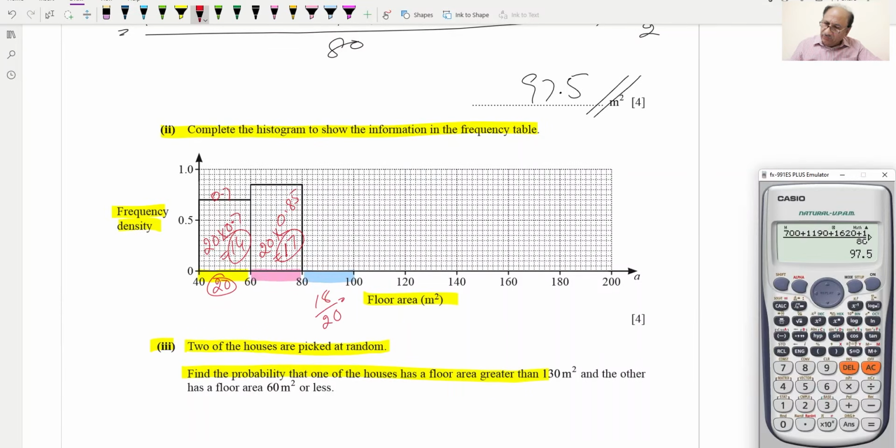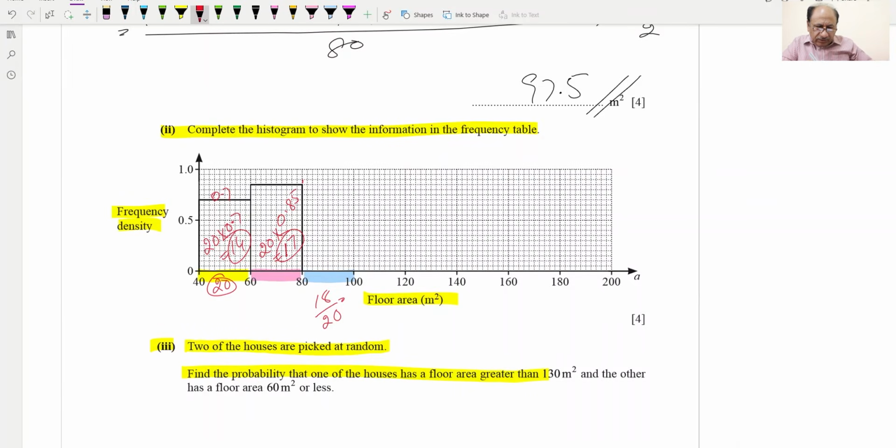If we divide, we get height of the bar is 0.9, which we can show over here. This much will be the height of the bar, and this is 0.9, and this is 0.85, and this will be the bar we have shown for 80 to 100.